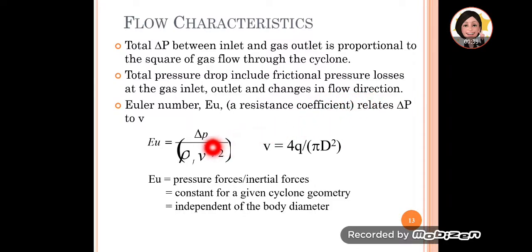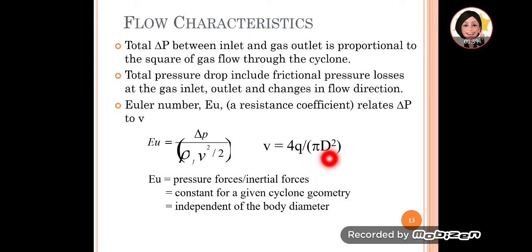And this gas velocity is governed by this equation. So this is the flow rate equation, where Q is the gas flow rate and D is the inside cyclone diameter, because the cyclone will have an inside diameter and an outside diameter.